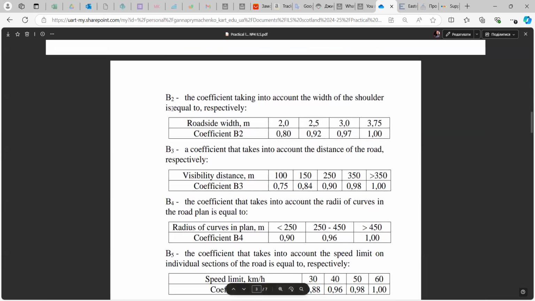So coefficient b with index 2 is the coefficient taking into account the width of the shoulder, respectively. So we need to find such information as roadside width in meters also. We have this information in meters, and find it for your variant. It is very important to find it for your variant. So we need roadside width. One moment, I opened it. In our table 2.3.